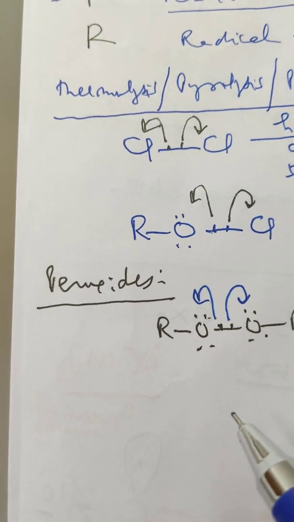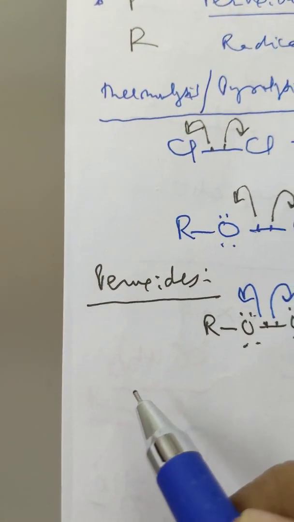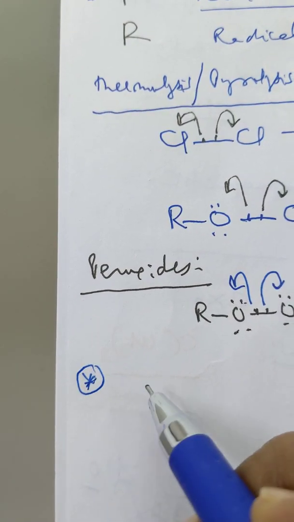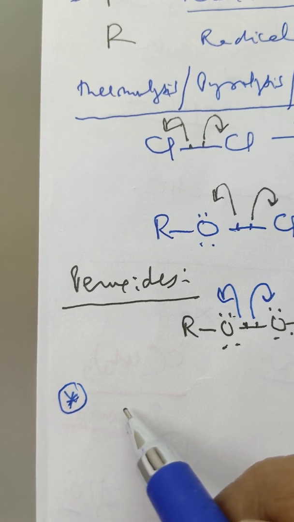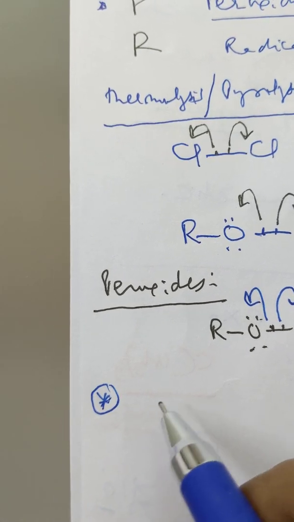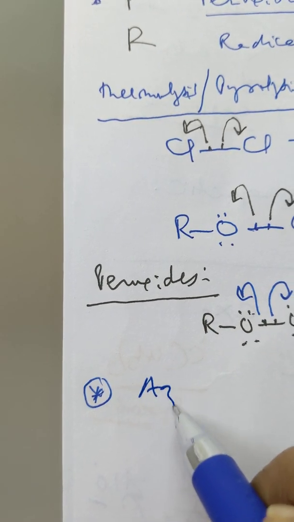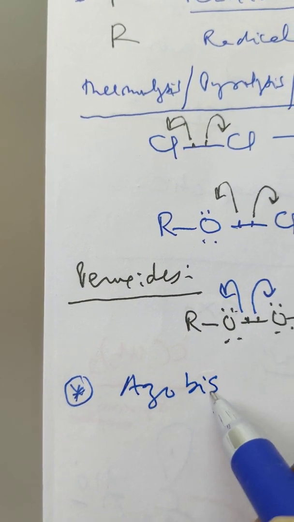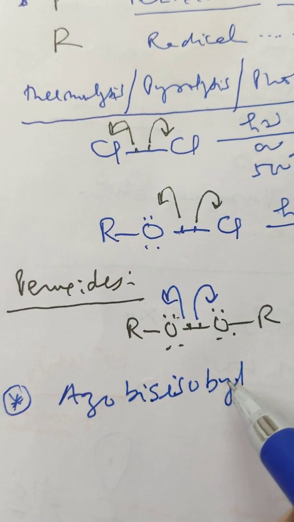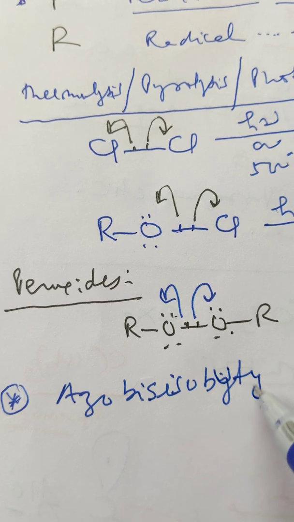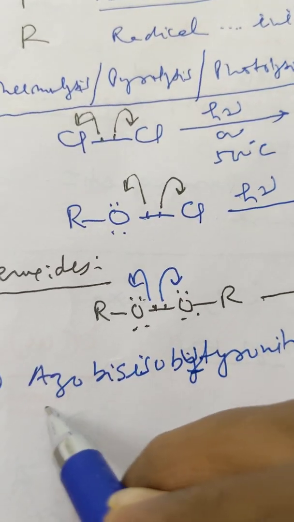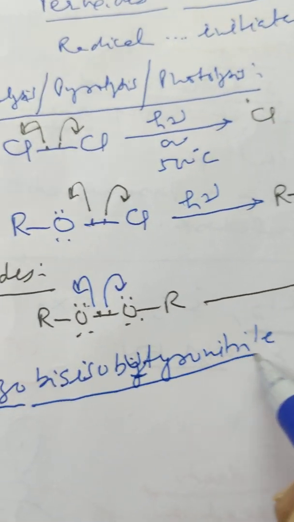Similarly, there is one very specific free radical initiator, very good, and you can note down this example. This is a very good example, and a very reactive radical initiator is formed from azo bis isobutyronitrile.